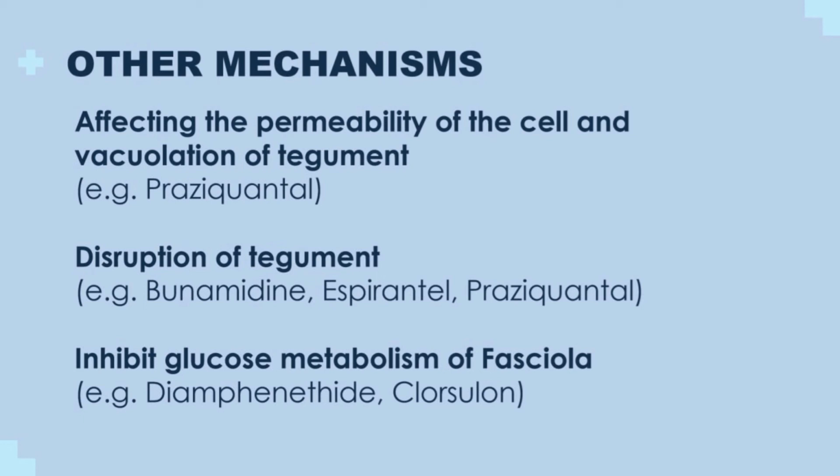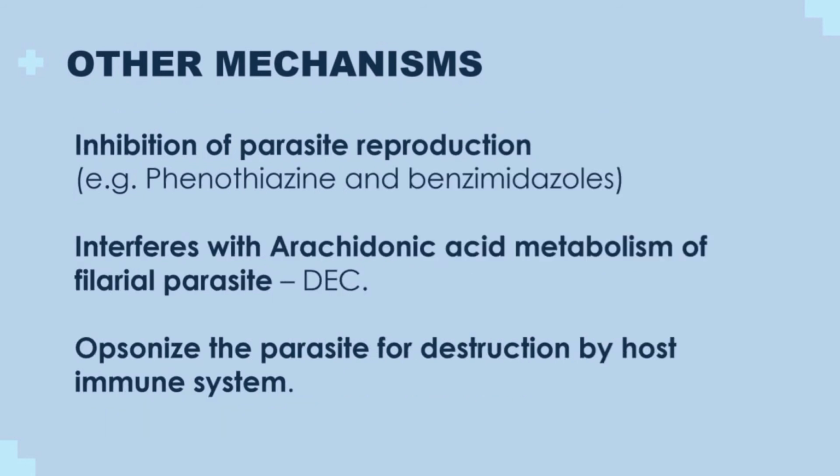Disruption of tegument is another mechanism. Bunamidine, epsiprantel, and praziquantel are examples of tegument disruption drugs. There is also a mechanism which inhibits glucose metabolism of Fasciola. Diamphenetide and clorsulon inhibit Fasciola's glucose metabolism.